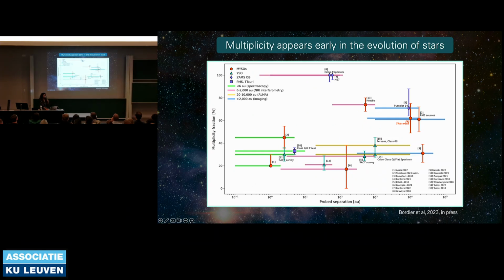Multiplicity also appears early in the evolution of stars, so this graph focuses only on young stars, whatever their mass is. So we have the multiplicity fraction for low mass stars, but also for high mass stars. And what I would like you to remember from this plot is that we measure multiplicity and binarity even in the youngest stages of stars.